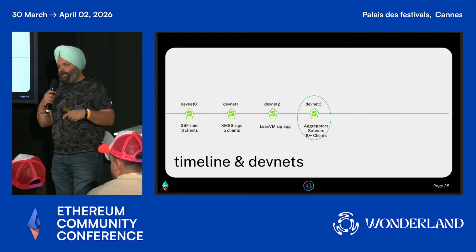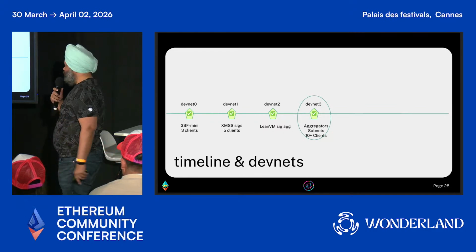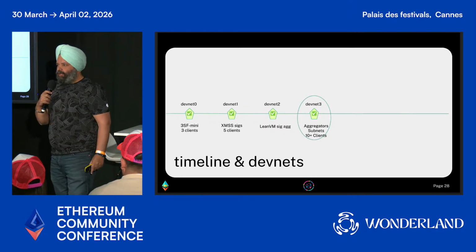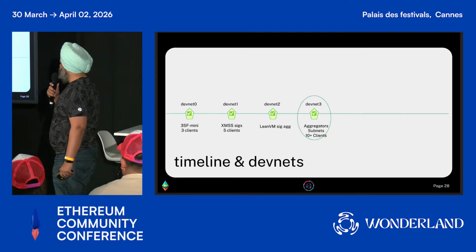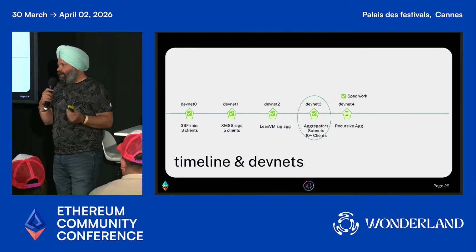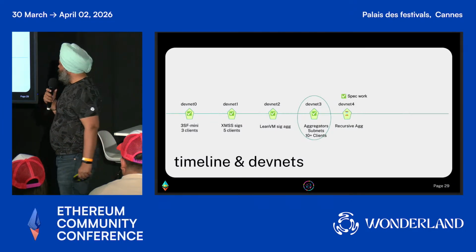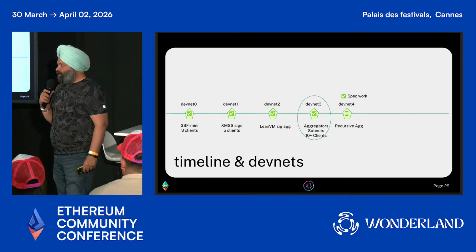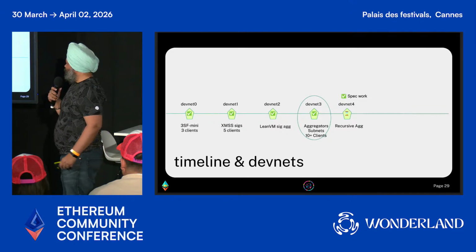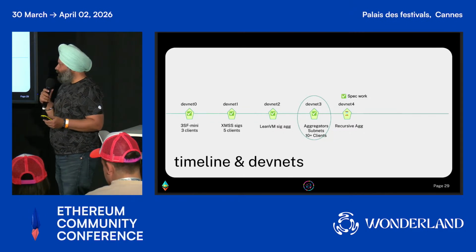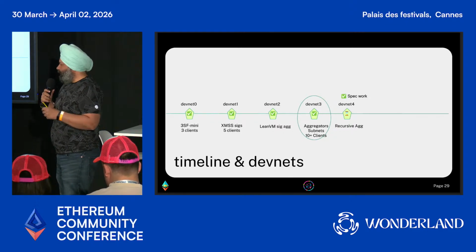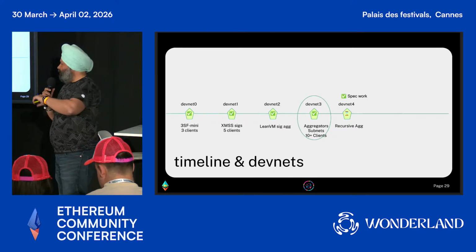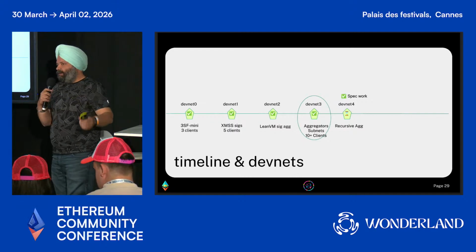And we have 10 plus clients, but some of those clients are vibe-coded with AI. And our spec work for DevNet 4 is complete, basically, which is recursive aggregation across the attestations that are there, so that the block size can be really low.